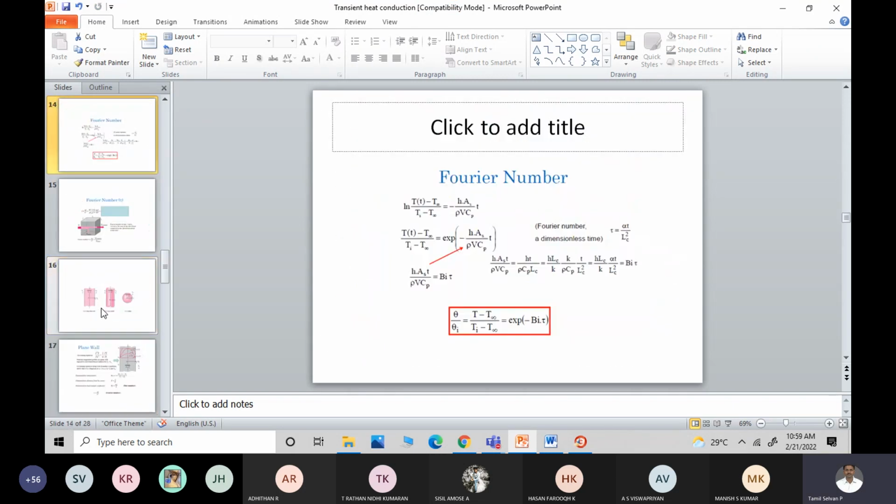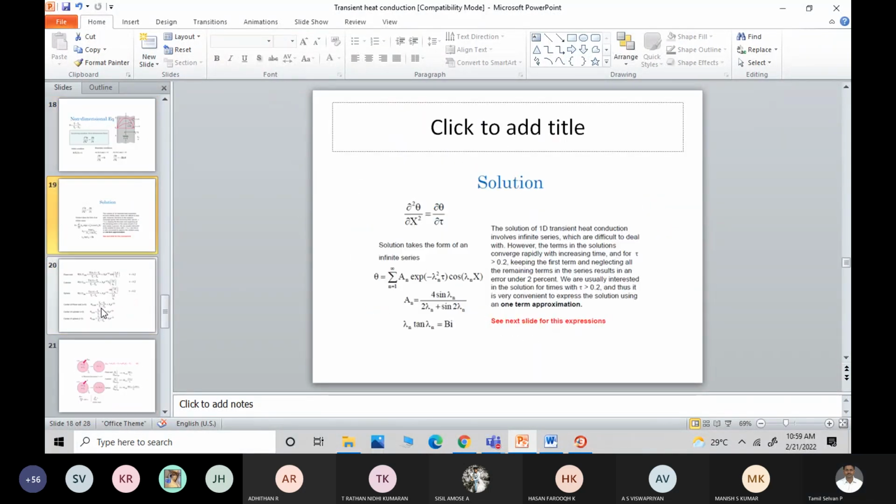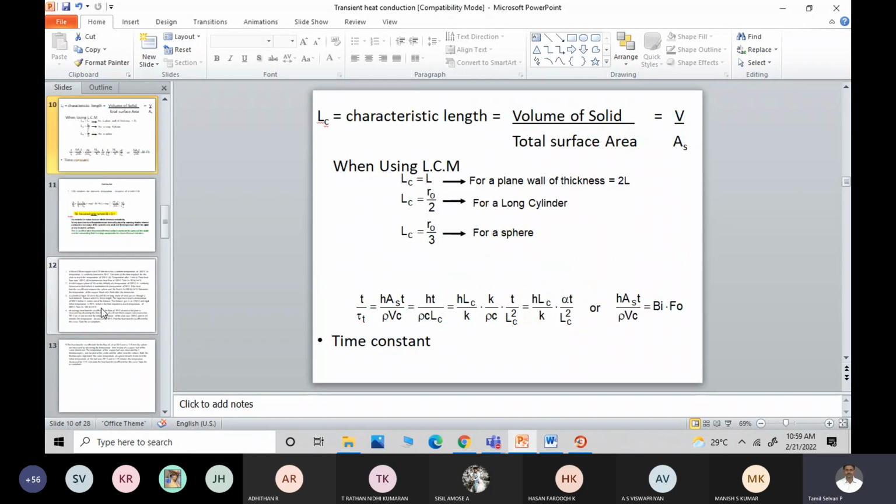And similarly, here itself it was given. I told you in the class that it is the product of the Biot number and the Fourier number. You can see on the right-hand side of the screen, are all of you able to see this? Yes, sir. It is mentioned that it is the product of the Biot number and the Fourier number.